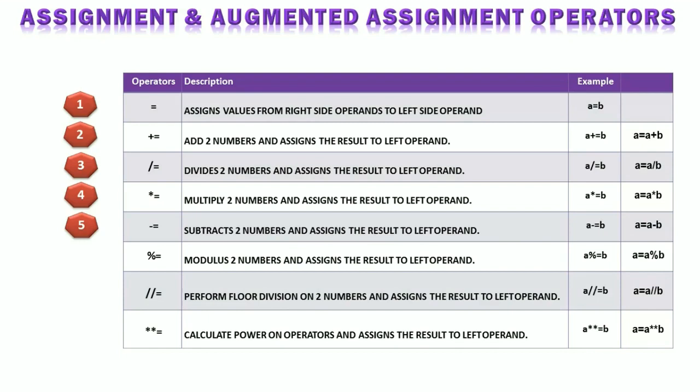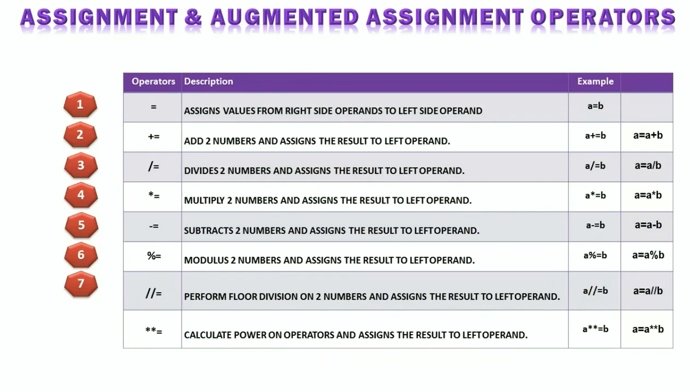Then we have minus equal, it subtracts two numbers and assigns the result to the left operand. A -= B will do the action of A = A - B. Then we have modulus equal, that means it finds the remainder and assigns the result to the left operand. A %= B is actually doing the action of A = A % B. Then we have floor division equal, which performs floor division on two numbers and assigns the result to the left operand.